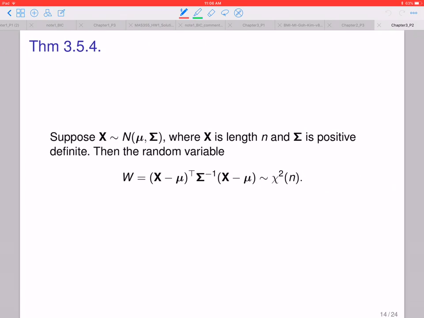Now this is also an important result for the normal distribution with a positive definite covariance matrix. Then we can create a transformation, a back transformation.